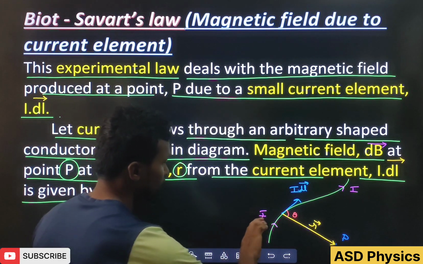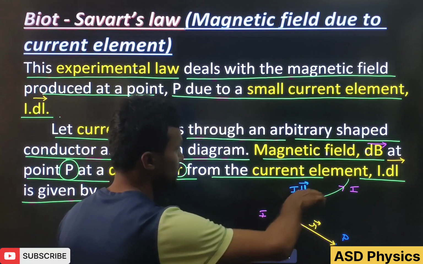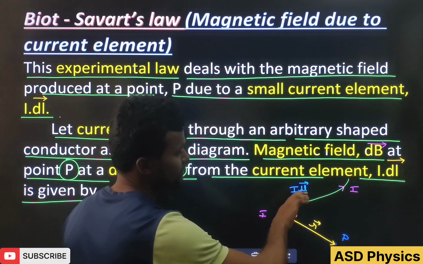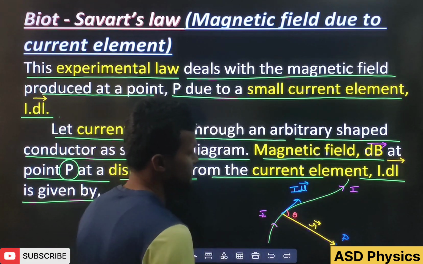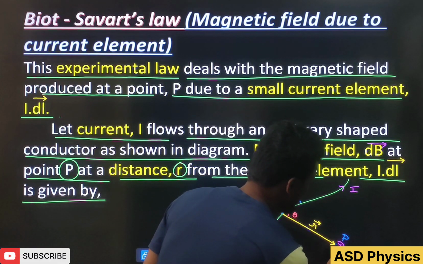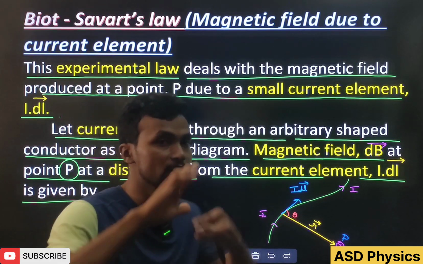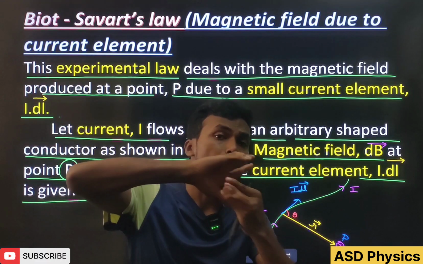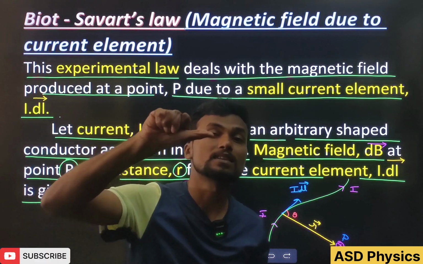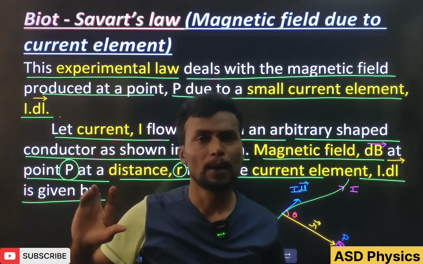See here, all my fingers along the current, my palm towards the observation point, then this thumb is pointing inside. Again I am telling that all the fingers along the current, palm towards the observation point, then the thumb will indicate the direction of the magnetic field.